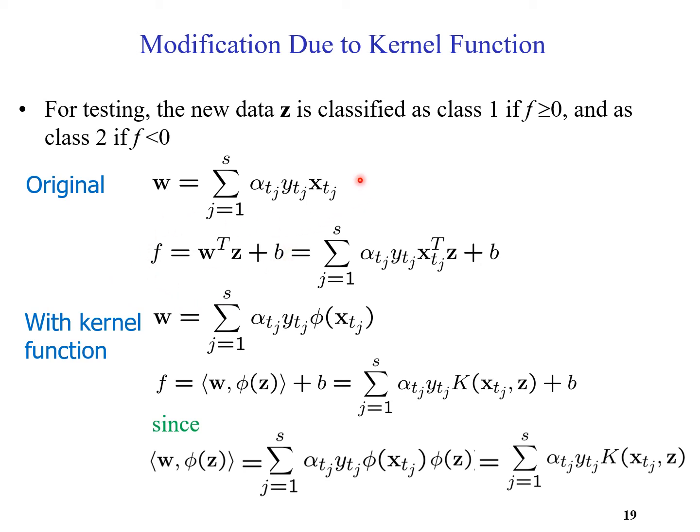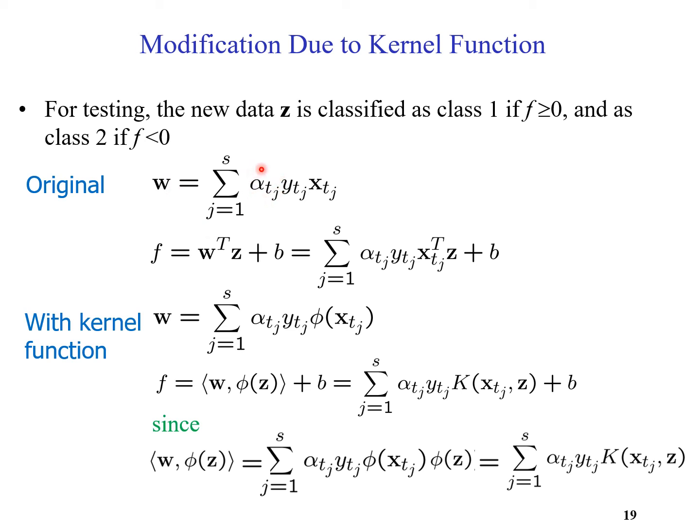W is the slope of the line, and this is the offset. W is like this. Do you remember when you determine the line, we use support vectors only? By using these support vectors, this is the input of a support vector, this is the label of a support vector, this is the alpha of a support vector. By using this, we calculate the slope W of the line here.